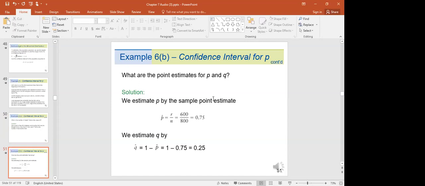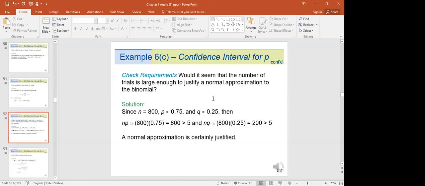So p hat equals 0.75, q hat equals 1 minus 0.75 equals 0.25. We can observe here that both np and nq are greater than or equal to 5, so we can use the Z distribution for proportion.